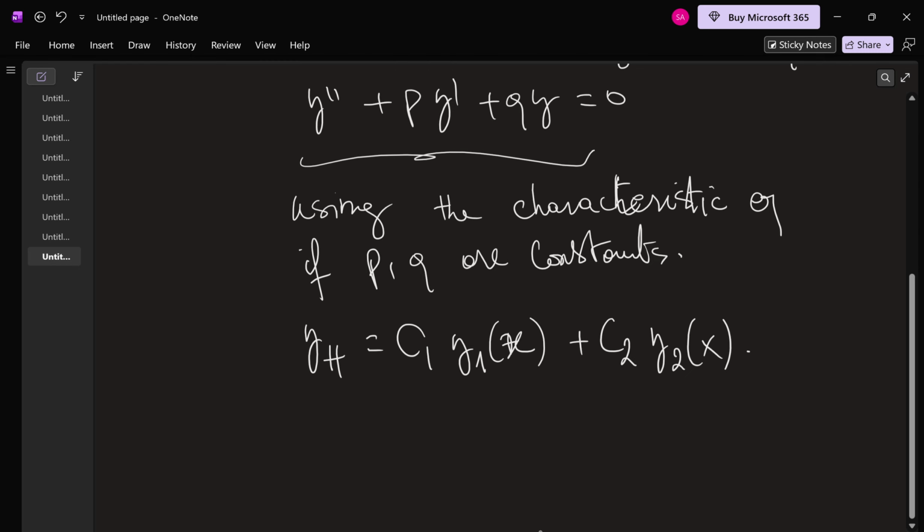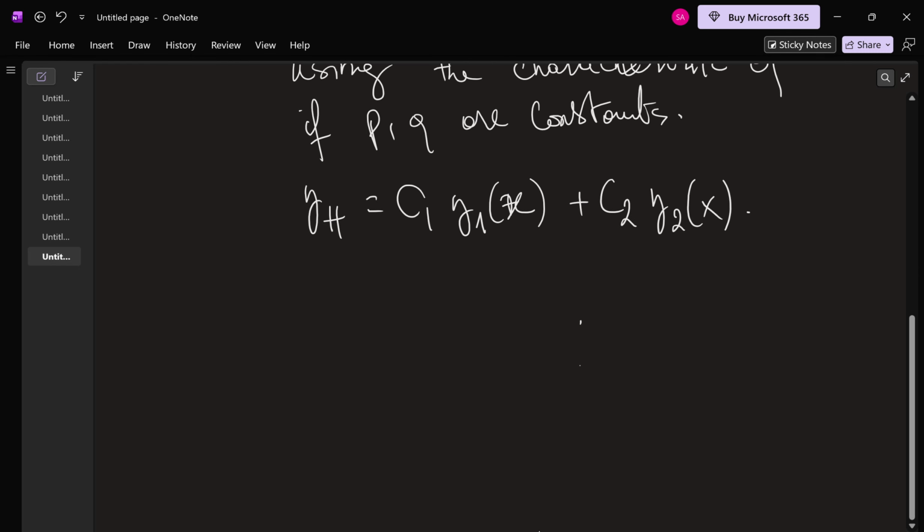The next step is that we vary the constants c1 and c2. The idea is to replace c1 and c2 with some functions u1 and u2. We assume a particular solution that takes this form.